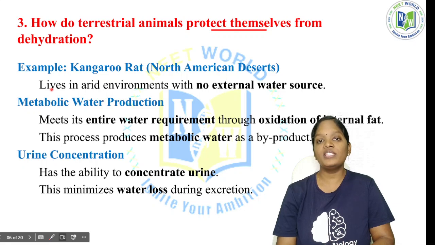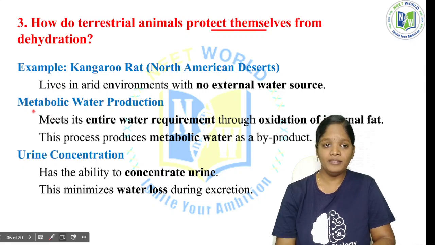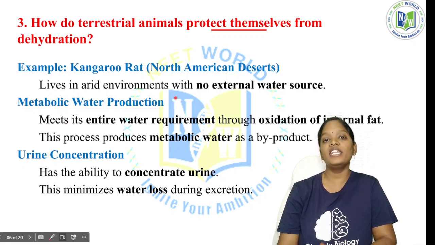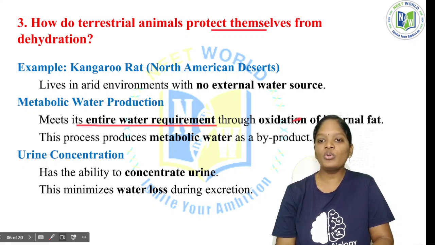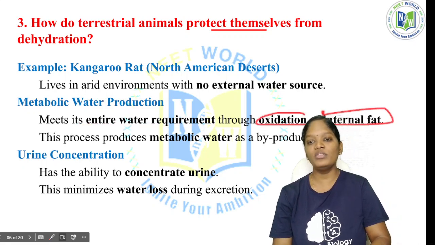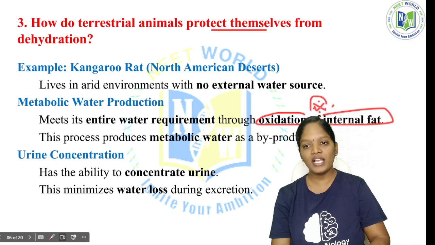How will their metabolism be? Through metabolic water production, water is produced as a result of metabolism. How? It meets its entire water requirement through oxidation of internal fat. This is an important keyword, kindly make a note of it.